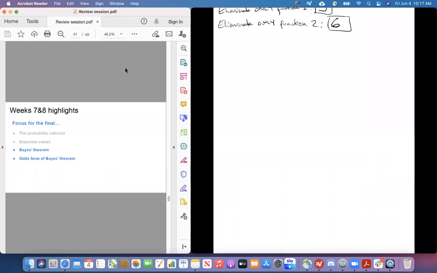What I am not going to do is go through an application of Bayes' theorem. The reason is that it was very, very well done on the chapter test, at least the level of question that involves Bayes' theorem that you can expect to see on the final was very well done.